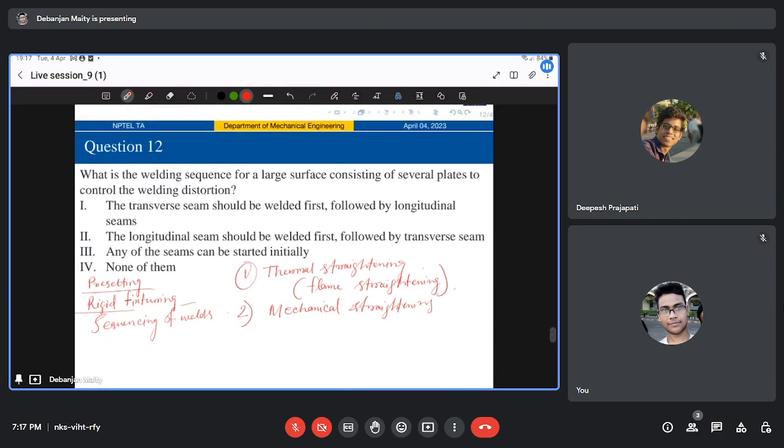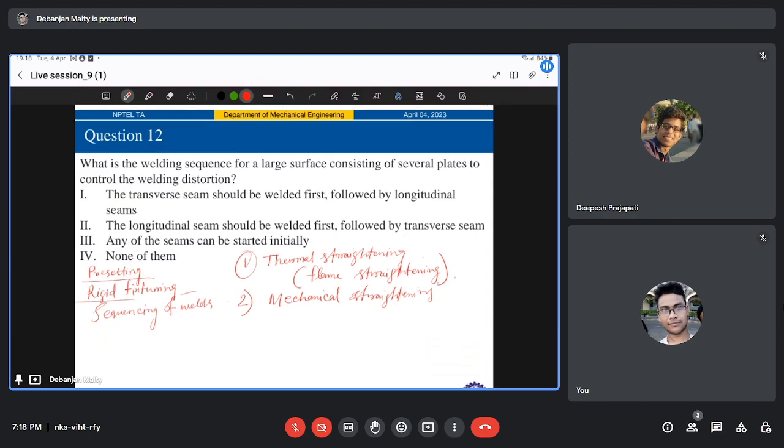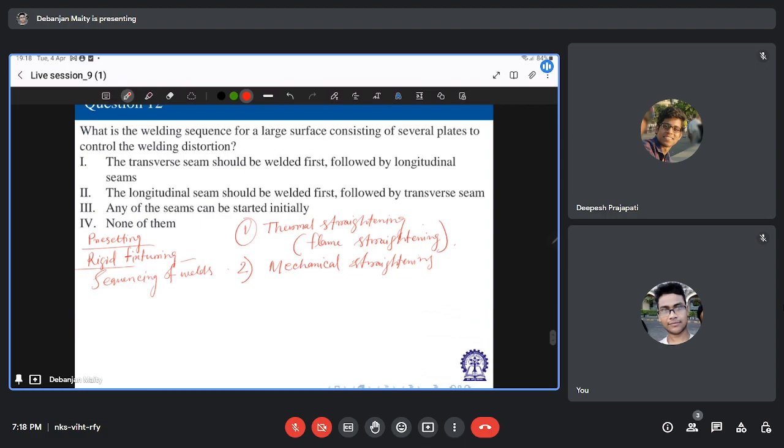Coming to the question, what is the welding sequence for a large surface consisting of several plates to control the welding distortion? Should I do the transverse one first and then the longitudinal one, or should it be vice versa? As I was saying, the transverse distortion will be the highest compared to the longitudinal distortion.